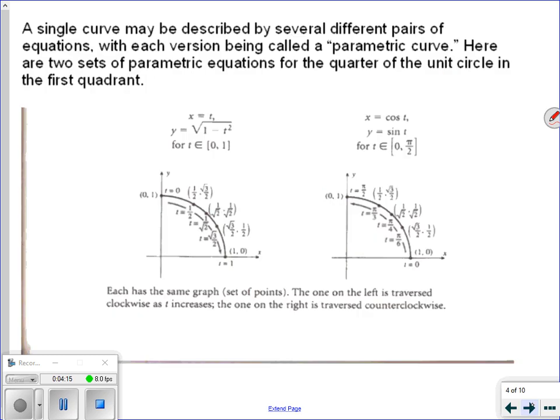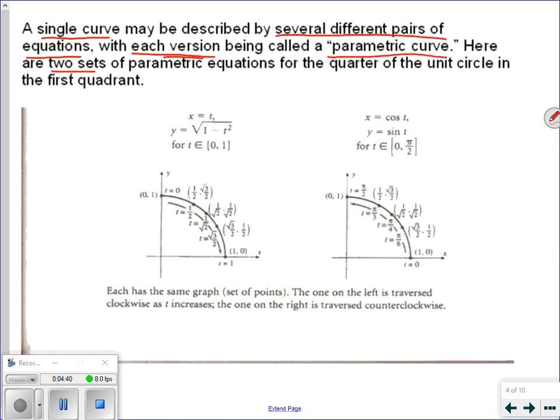I like this next example that gives an example of a parameter. Some curves can be written in different forms. A single curve may be described by several different pairs of equations, with each version being called a parametric curve.